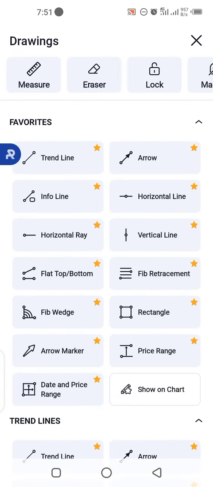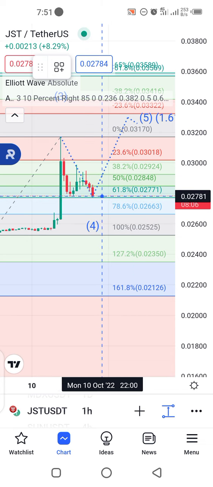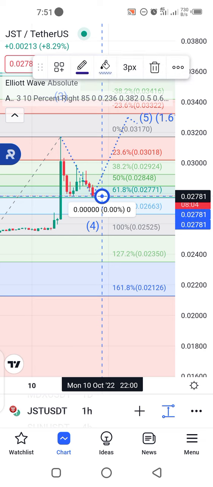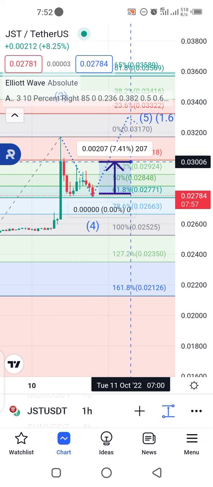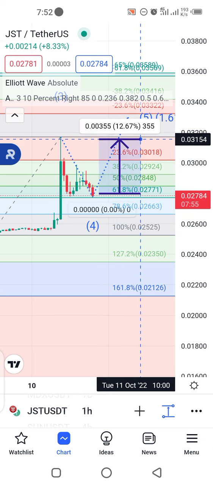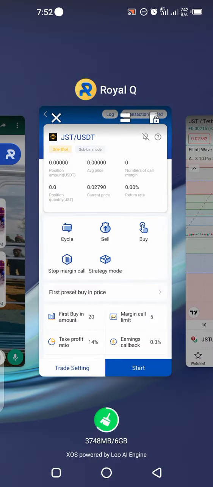You bring your price range and measure from this line, from your entry price, and you say okay, up to the zero line here, and you will now be sure of your 10%. Some of you fear too much take profit, but if you are using our martingale strategy, you'll basically take your profit comfortably and just remain patient.